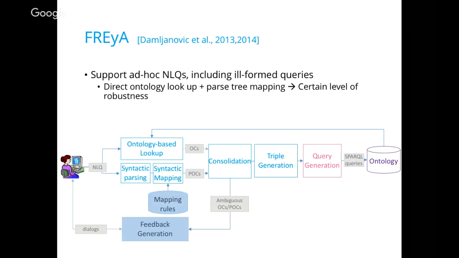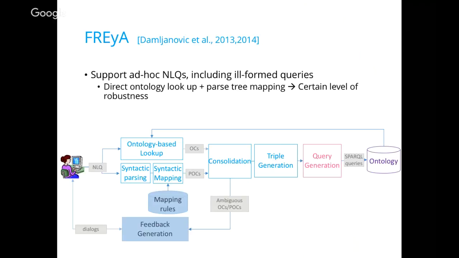I will explain how these two are done. In the end, they consolidate both, trying to resolve some ambiguity. If any ambiguity is still found, it is going to go back to the user and ask for clarification. As everything is resolved, it tries to generate SPARQL triples and finally generate a SPARQL query.